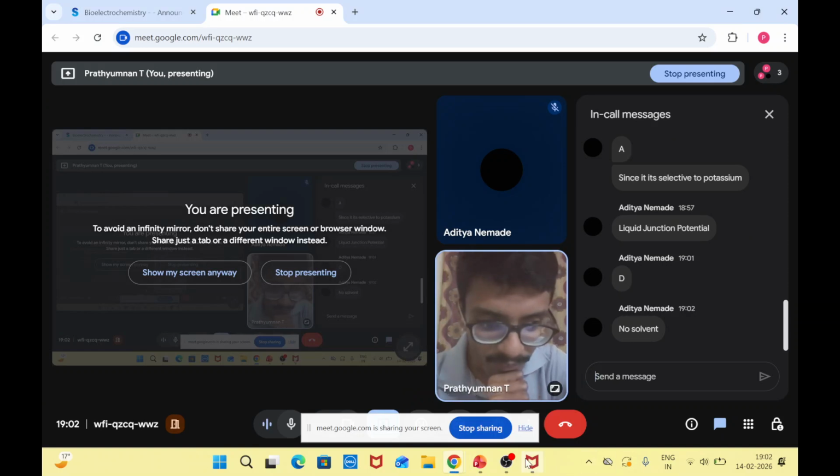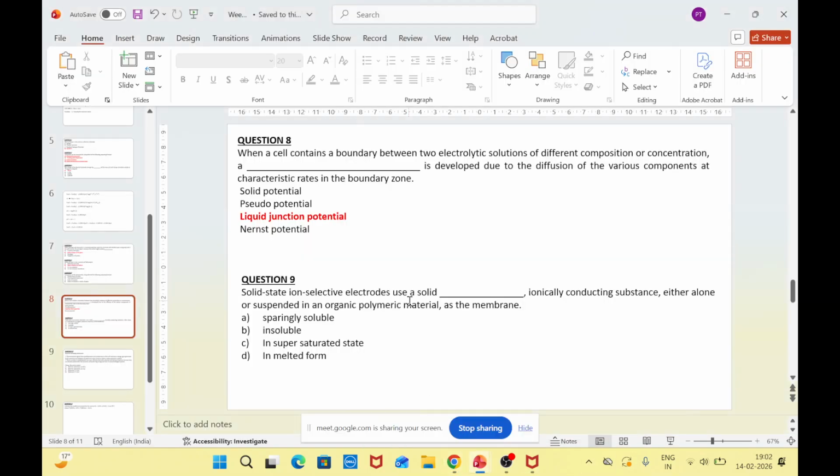No solvent. If there is no solvent, then will it be easy for the ions to conduct, or will it be difficult?